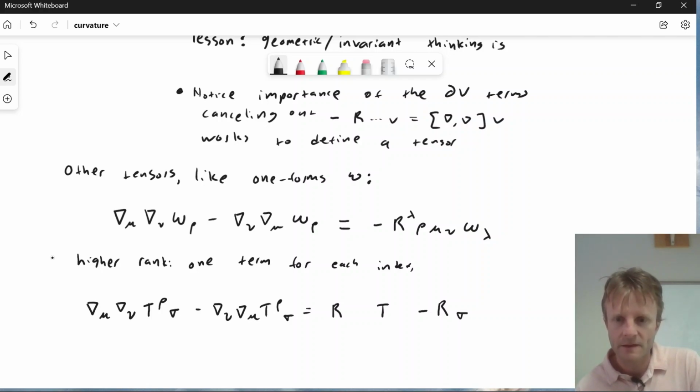The mu and nu just hang out in the last two slots of the Riemann tensor. Then we have a dummy index that was called lambda, which goes on top of the Riemann tensor and in the slot of the tensor we're working on, which is the second one. And the rho is just going along for the ride.